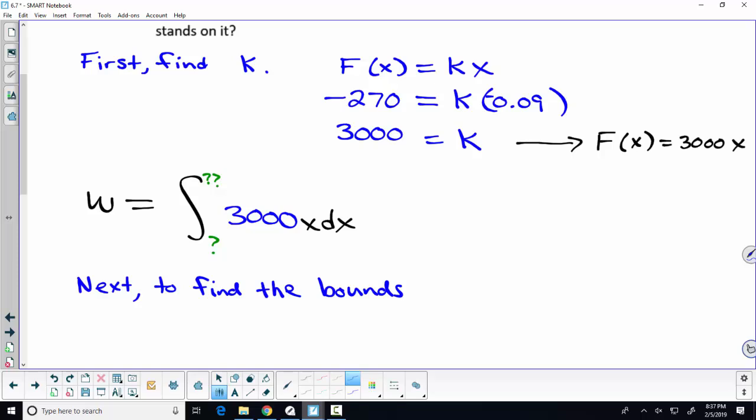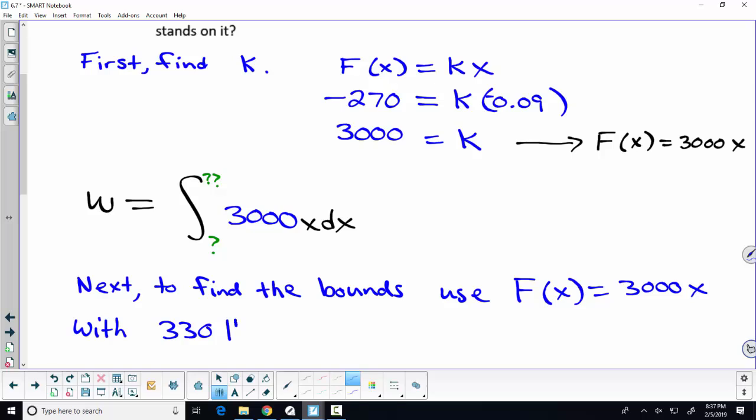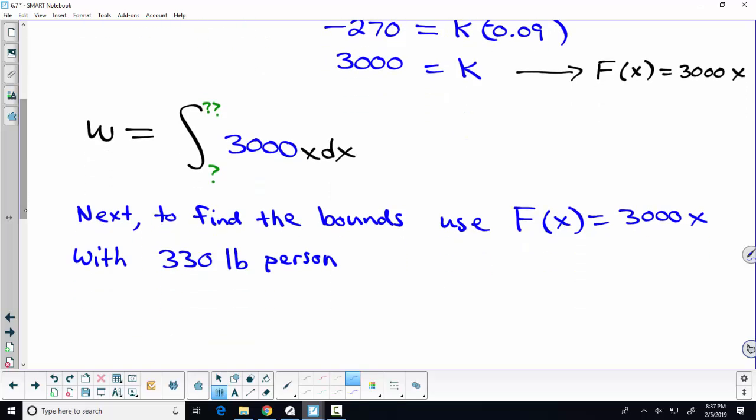To find the bounds, we have to use that force function for the spring with the 330-pound person, because we're after x, the amount of compression on the scale that person is generating.